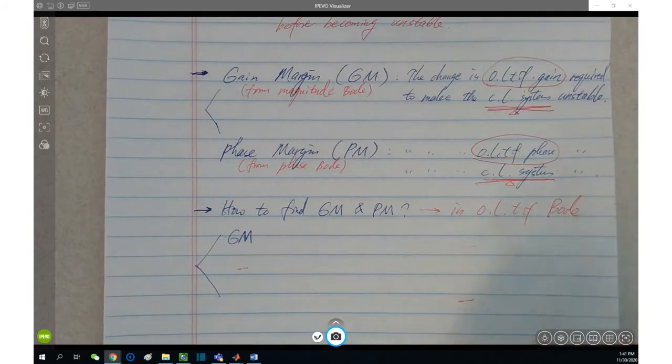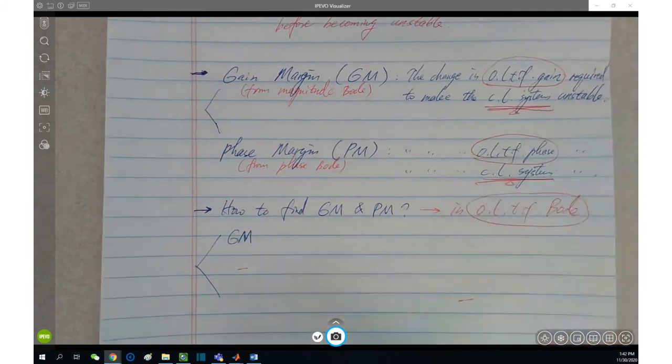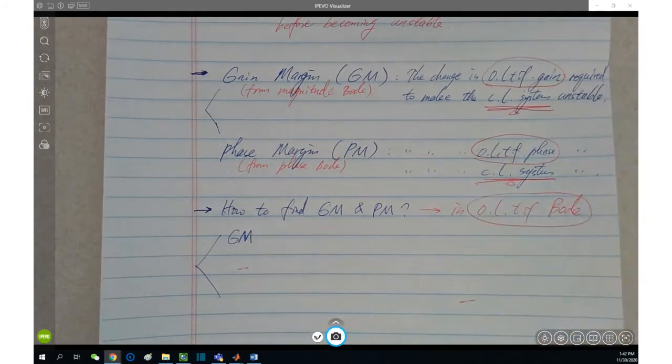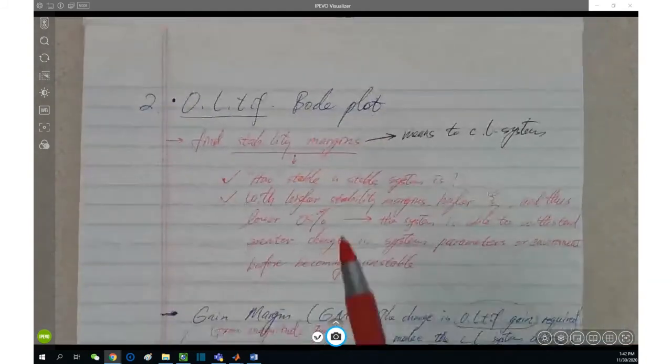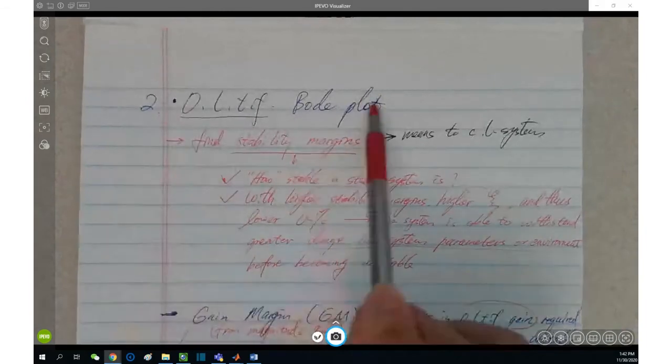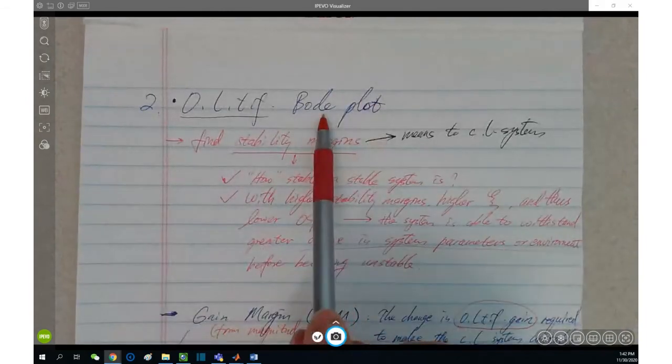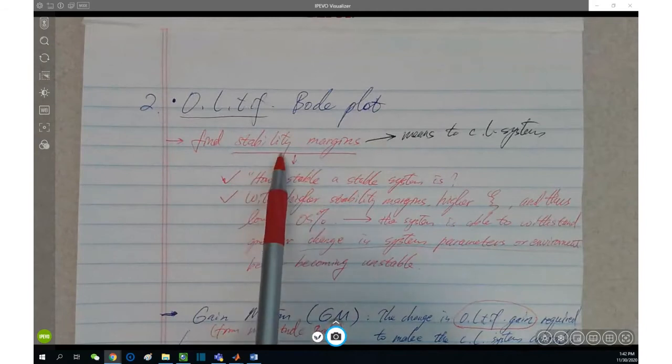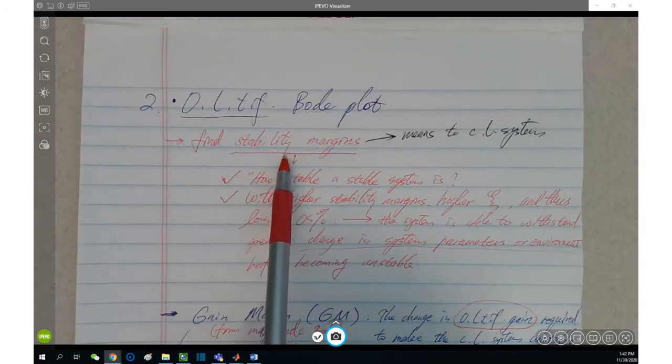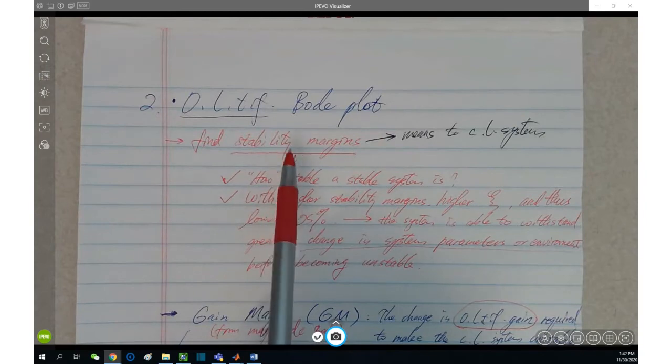Very, very important. You are not going to find GM and PM from the closed loop transfer function Bode plot. Okay, you can't do that. Remember, the title of this part is open loop transfer function Bode plot. What we can do is find GM and PM, not from the closed loop transfer function Bode plot. Be very clear at the first place.